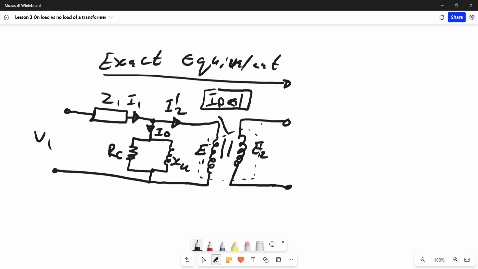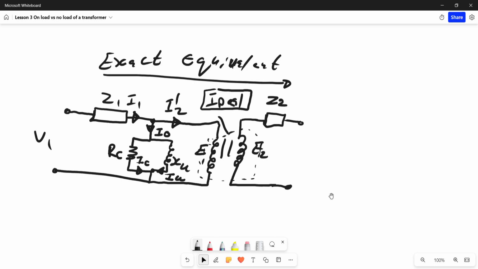IO, when it gets to this branch, it divides, and one part we call IC, and the other current that flows on the other branch, we call it IU.